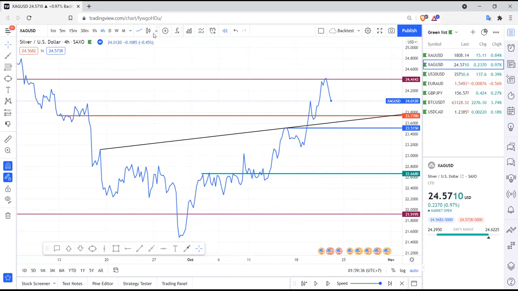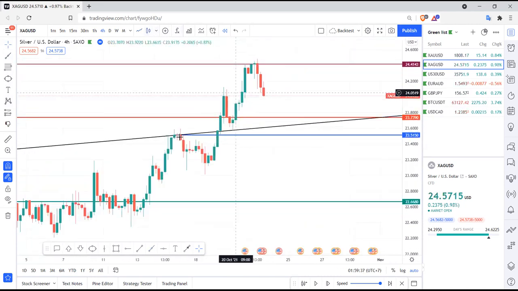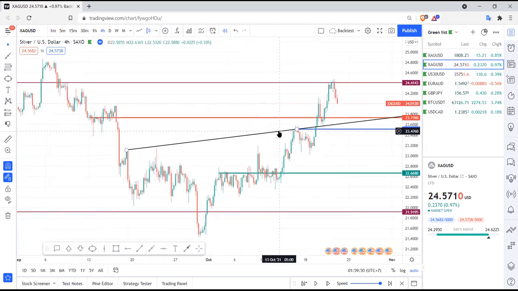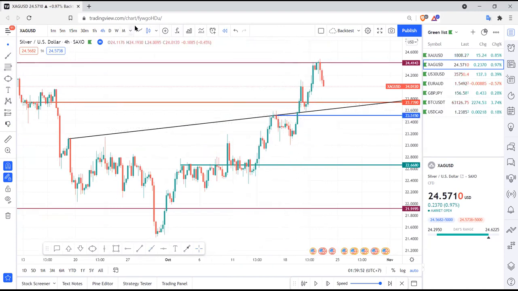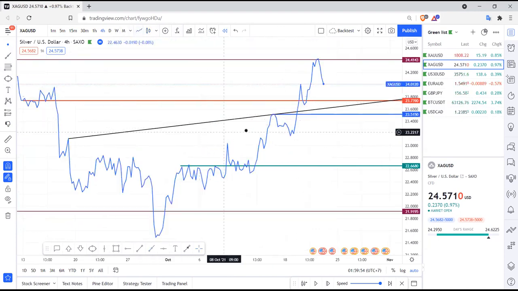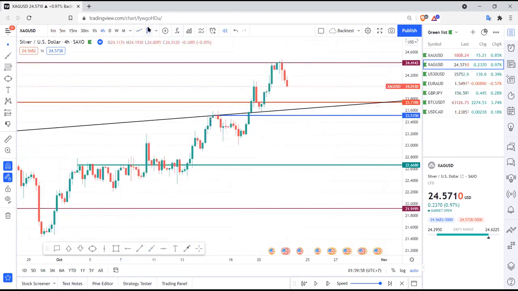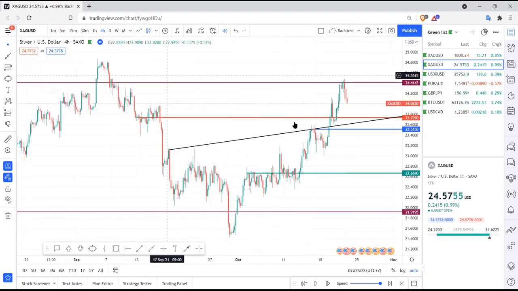First, price rejected daily with this candle, and then price missed the pullback because of the breakout trend line. This one. H4, then price going up.